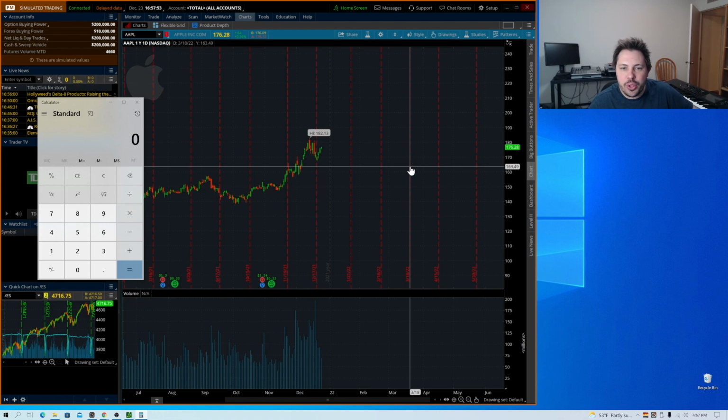put allows you to do that is because we're selling a put against an underlying asset, right? So again, remember, if we buy the put, we're buying the right but not the obligation to sell that underlying security.